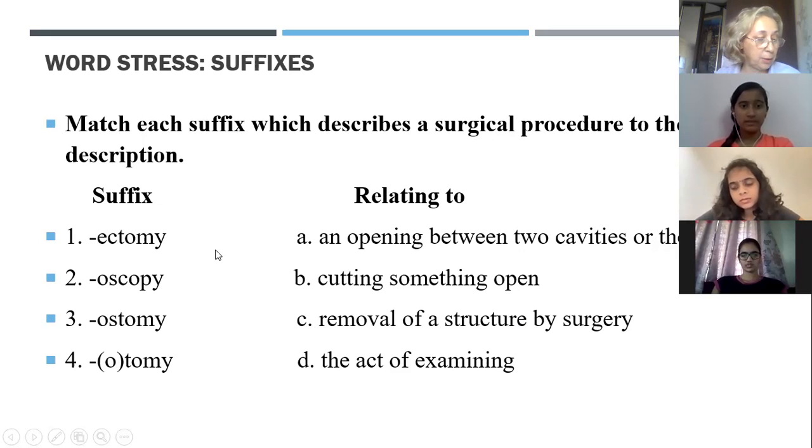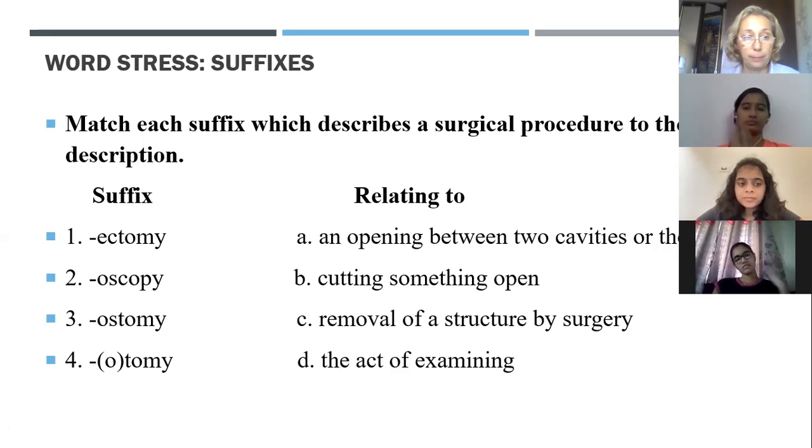So let us start with Manish. What do you think of the first one? Removal of a structure by surgery. Ectomy. Okay. Then Pradeep, please, the second one.